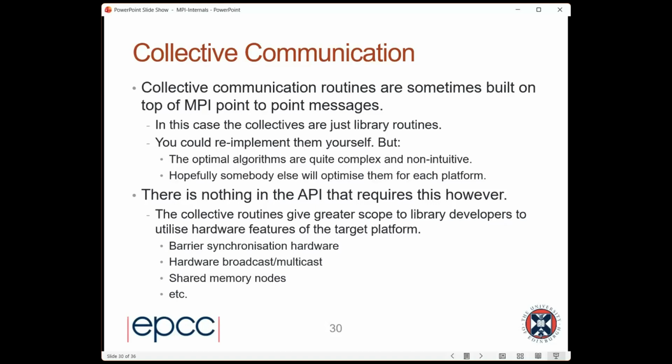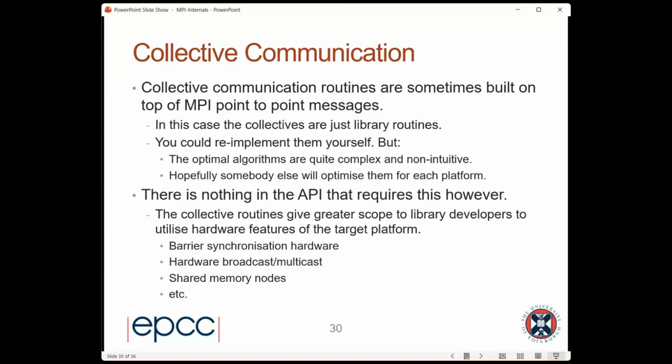However, there's nothing that mandates that the collective calls are implemented using MPI messages. Some modern networks, and the Slingshot network is one of them, can actually do things in hardware. For example, the Slingshot network can do an all reduce in hardware. So when you call an MPI all reduce, it may not send lots of messages. It might just say, I'm on a network that can do that natively.